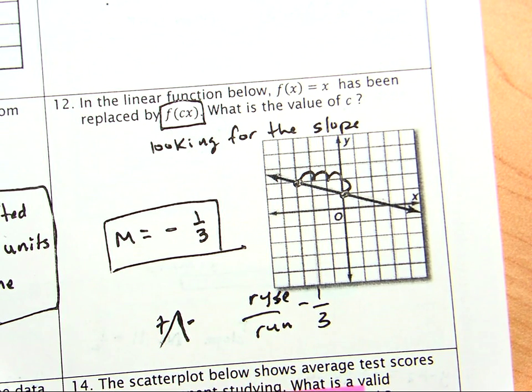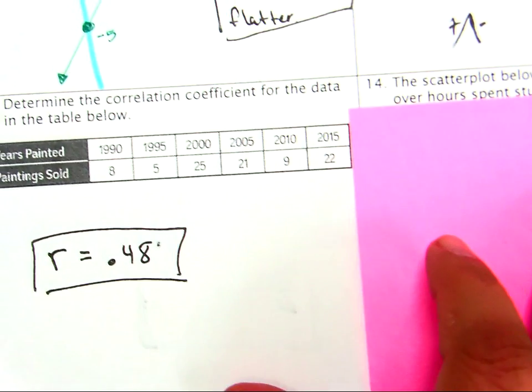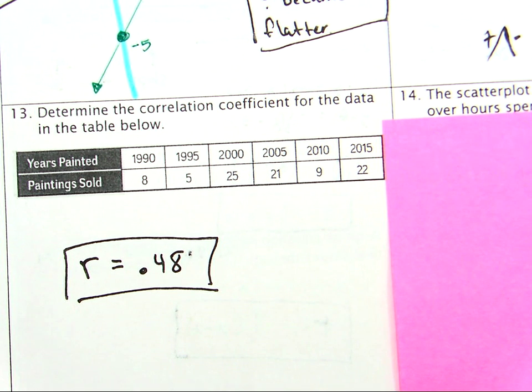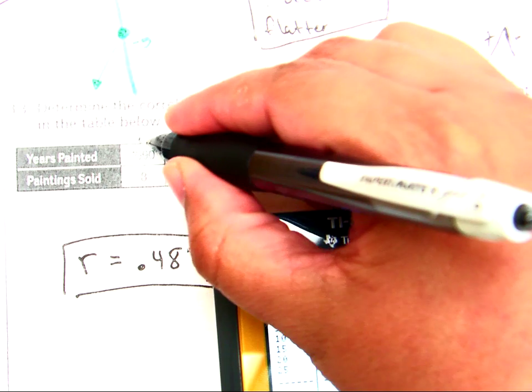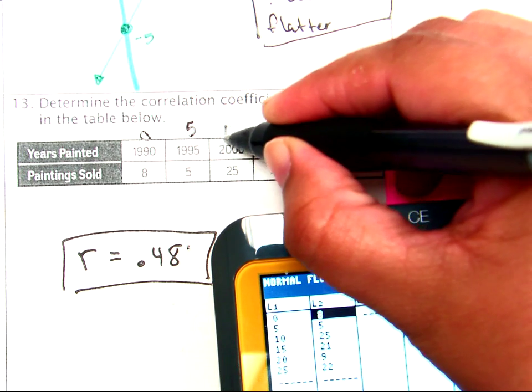All right, your next problem. All right, there's the correlation coefficient. So I've already put in these numbers. I need y'all to remember, when we're talking about years, we start at 0, and if you look, the years go up by 5.